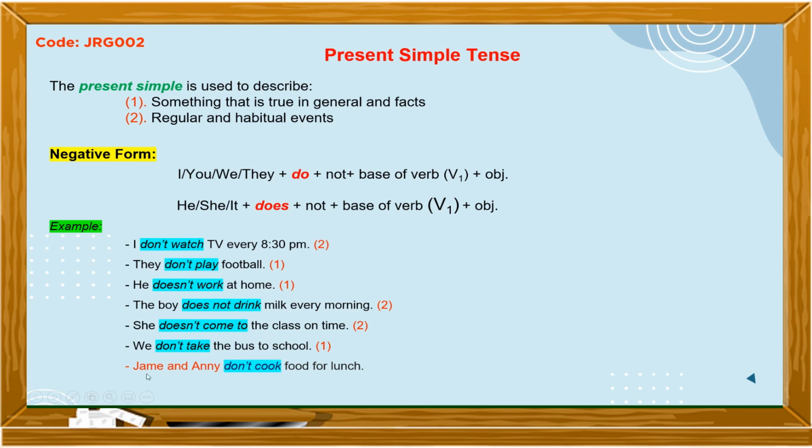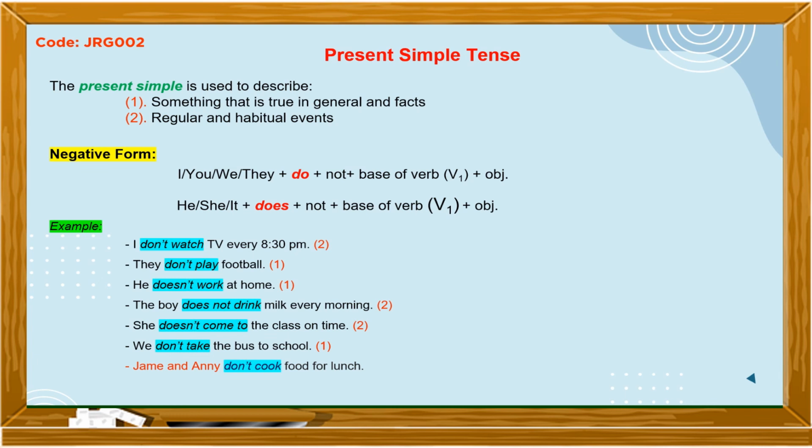Or we can say that when the subject is a plural noun, we follow form number 1: do plus not plus the base form of the verb plus the object. That's why here I said James and Annie don't cook. Don't here means do plus not. Don't cook food for lunch.